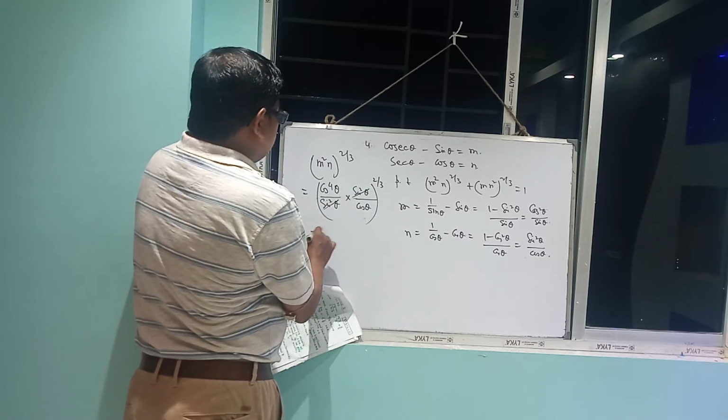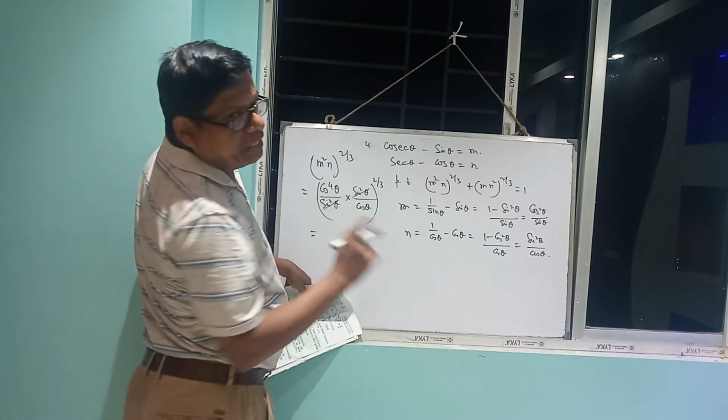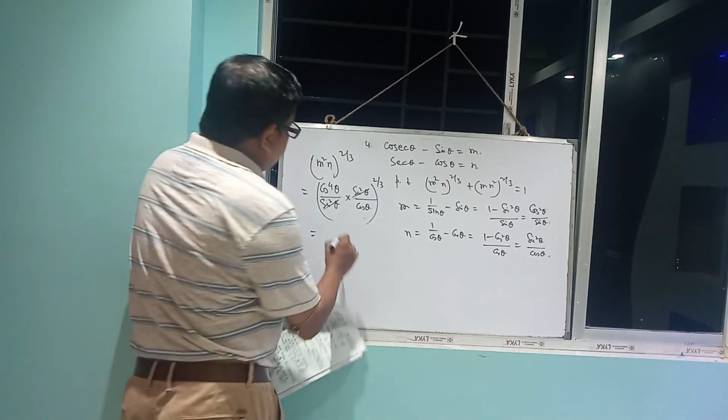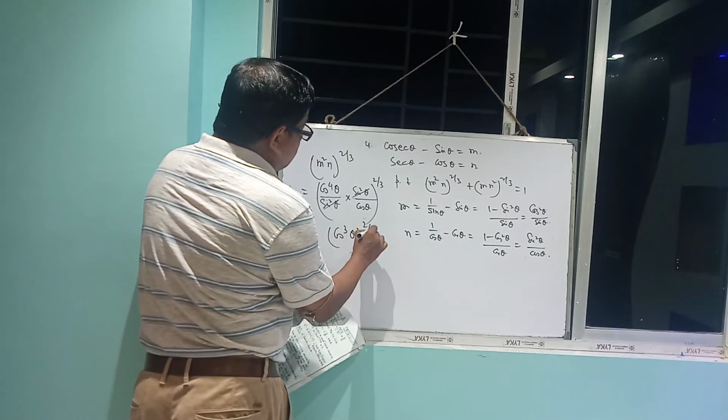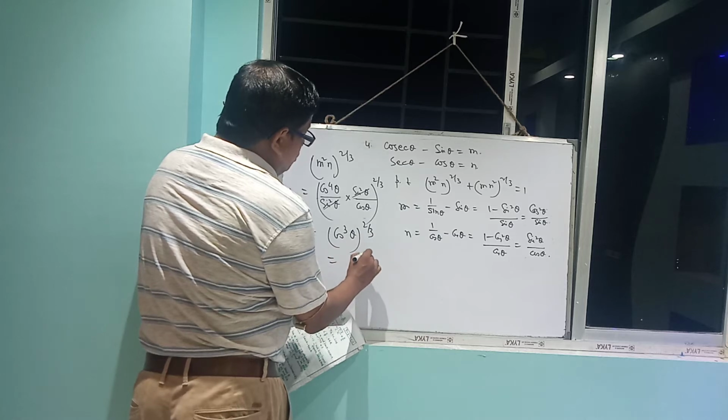Sin cancels, and cos 4 theta by cos theta will be cos cube theta. Cos cube theta whole 2 by 3, so we are getting cos square theta.